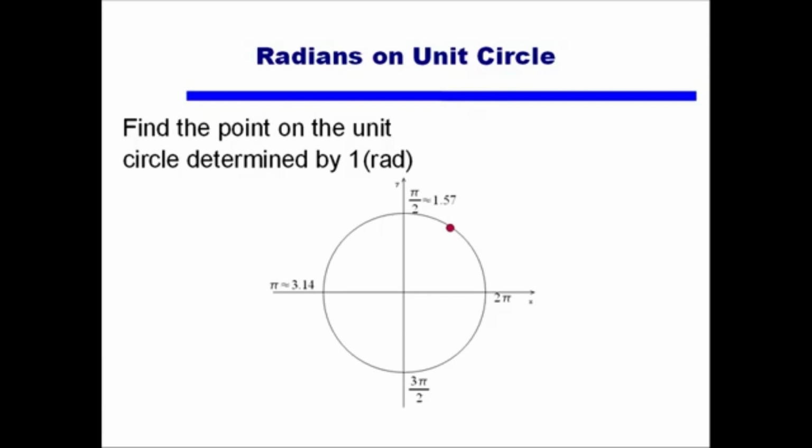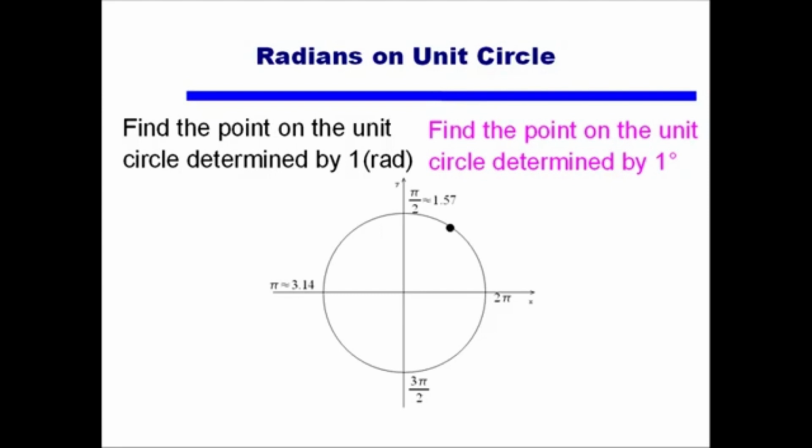What if I also asked you to find the point on the unit circle determined not by 1 radian, but 1 degree? Well, 1 degree would be something like that. In fact, that might even be too big. So I want you to understand that if I ask you to show me the point determined by 1, or the point determined by 1 degree, they're two very, very different numbers.